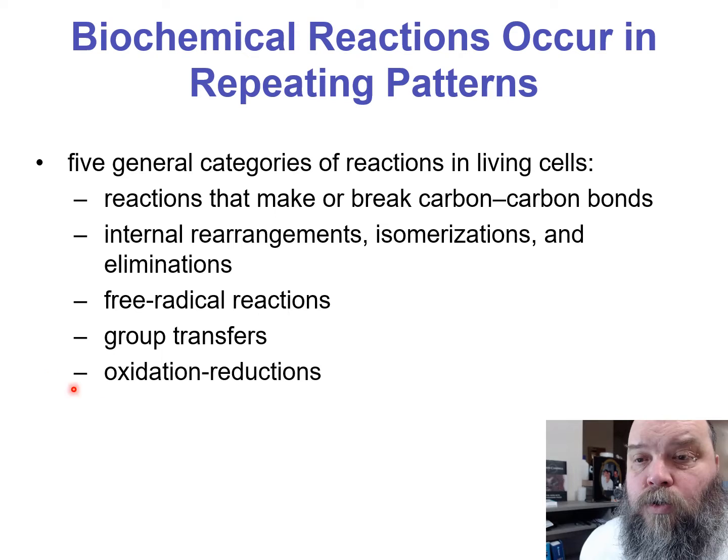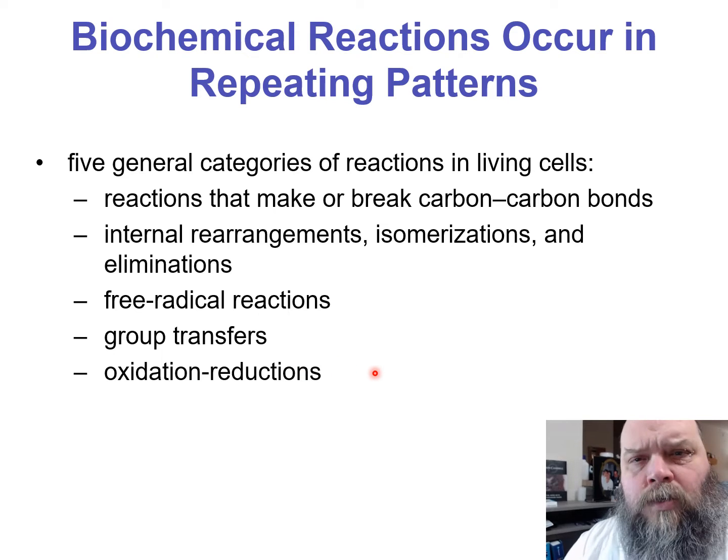Going to have to change groups. Which groups? Functional groups. Add a sulfhydryl, add a carbonyl, add a carboxyl. Take one off. Move it from one molecule to another. And then the oxidation reduction reactions. Who has the electron? Where is it coming from? Where is it going?